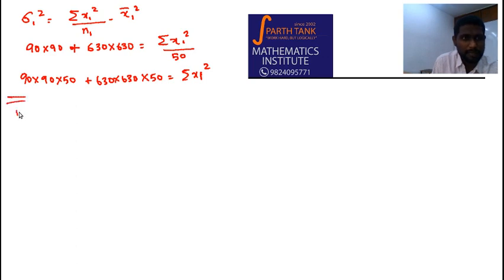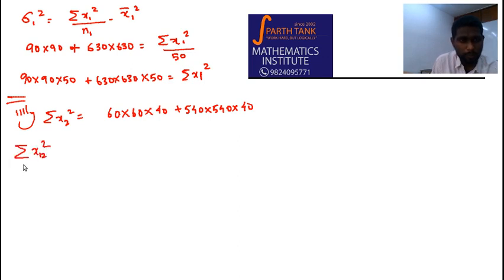Similarly, I can write the summation of x2 squared as its variance, 60 into 60, into n, which was 40, plus the mean, which was 540, squared, and again n is 40. So this term, the total of x for 1 and 2 whole squared by total n, is going to be this plus this by 90.